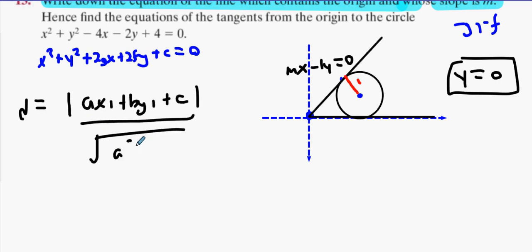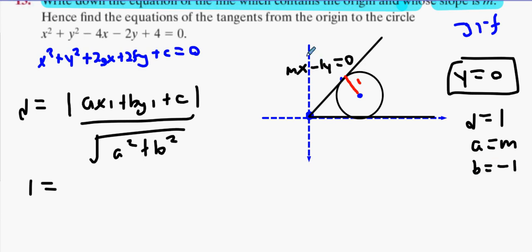Okay, so what do you reckon we have here, lads? What's the d value? 1. Okay, d is 1. What's the a value? The b value. So remember, a value is what comes in front of x, b value is what comes in front of y, c value is 0, x1 and y1.